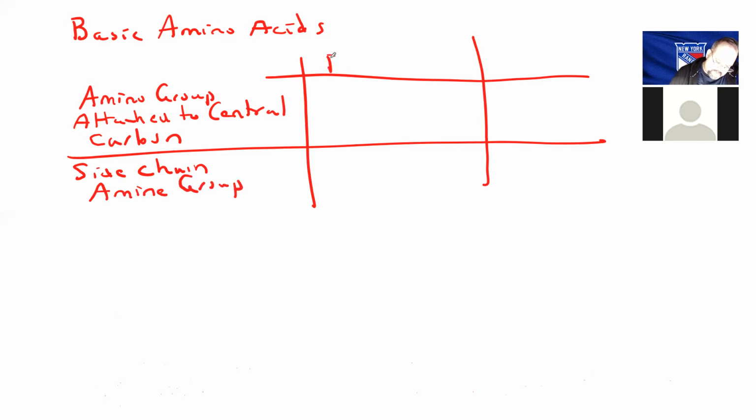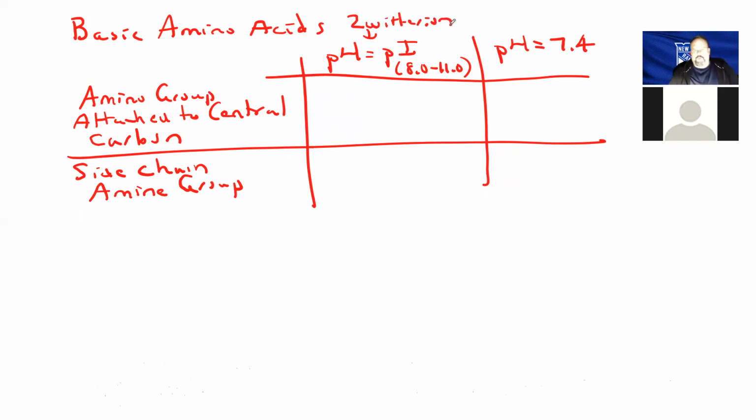And again, we're going to look at this in two scenarios. When the pH is equal to PI, which here would be somewhere between 8 to 11 in terms of pH, and when the pH is equal to 7.4. And again, if we're looking at pH equal to PI, we're looking at the Zwitter ion form.